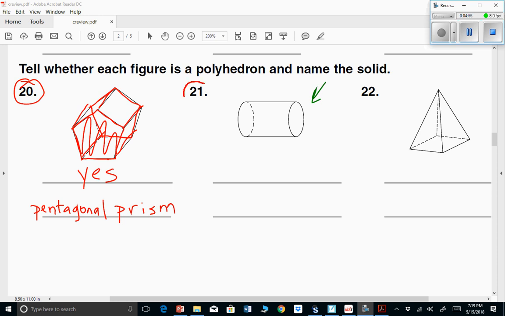I'm hoping that you recognize number 21 as being a cylinder. And because it has curved surfaces, there are circles involved in it. This is not a polyhedron. Number 22, I hope that you recognize it as being a pyramid.